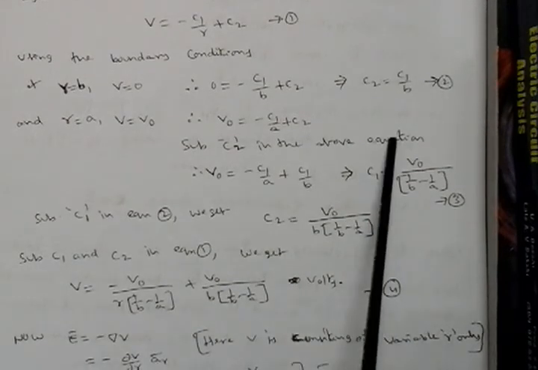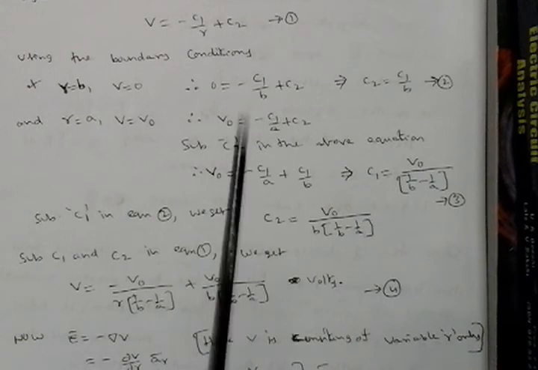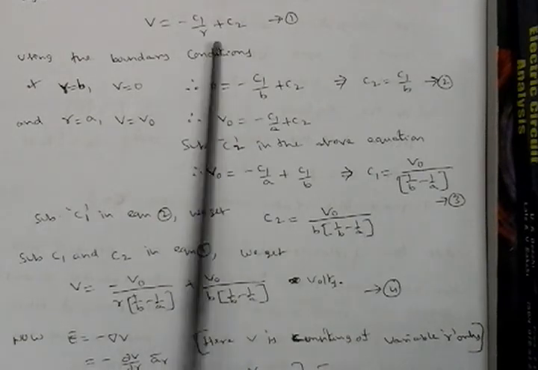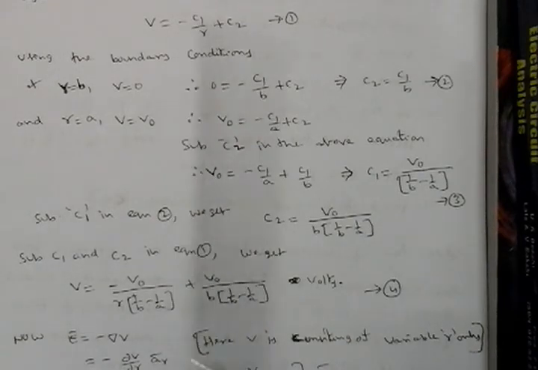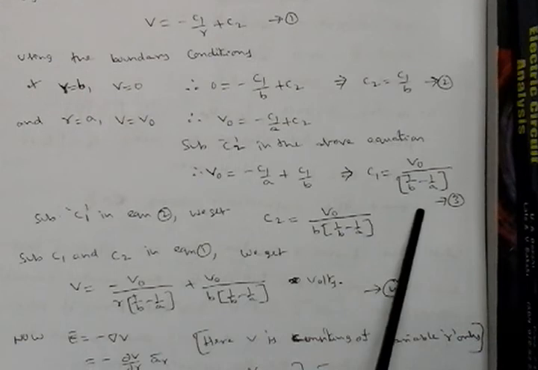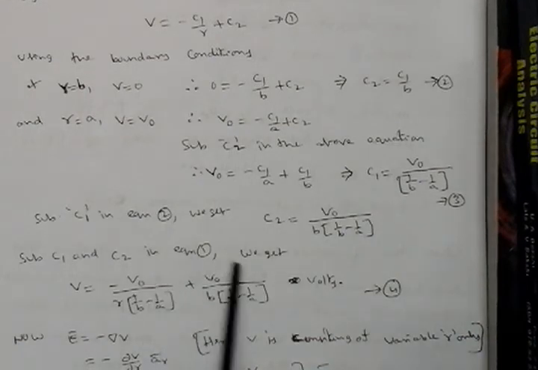So determine C1 and C2, substitute them in the potential equation, then you will get the complete expression for the potential.